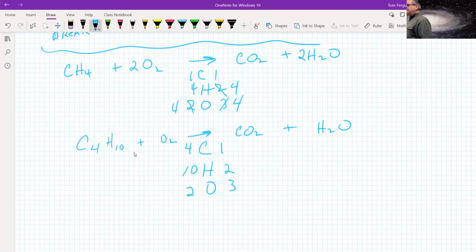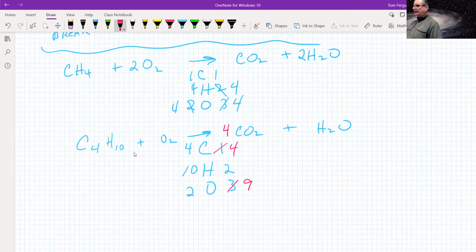So where do you want to start? Carbons. Okay, so if we put a 4 here, that gets our carbons to 4 and 4, but that also changes our oxygens. We have 4 times 2 is 8, plus 1 is 9. Okay, now on to hydrogens.